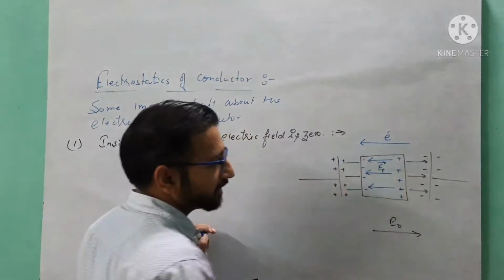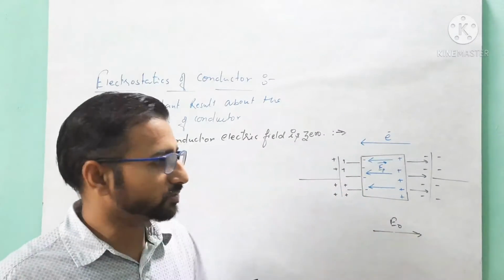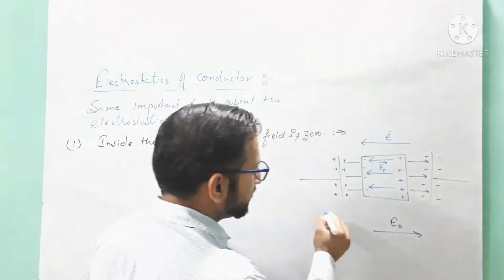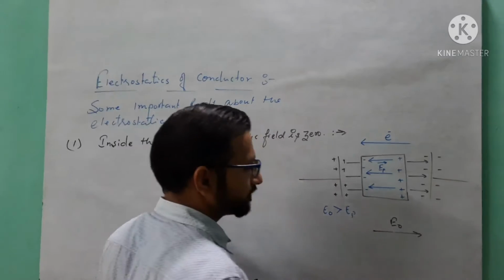It has direction opposite to the external electric field, and initially E0 is greater than EP.